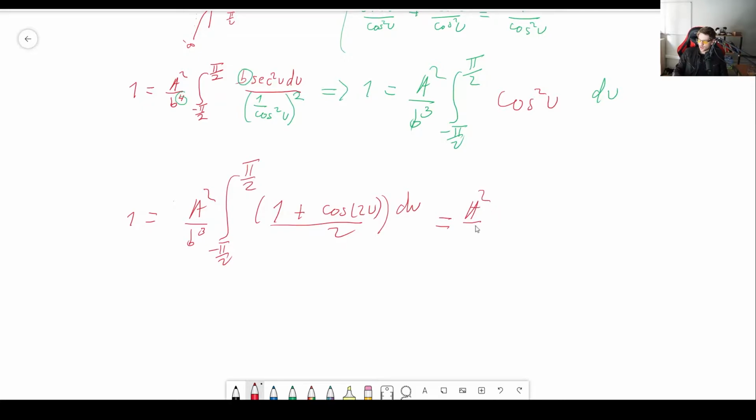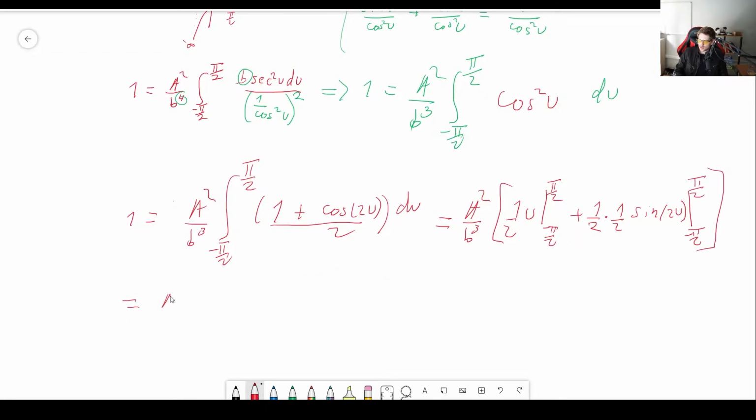So a squared over b cubed. The first part is, of course, 1/2, and then u between minus pi over 2 and pi over 2. And the second part is the integral of cosine of 2u over 2. So we get the 1/2 that was already there, then another 1/2, and then sine of 2u. This is also between minus pi over 2 and pi over 2.